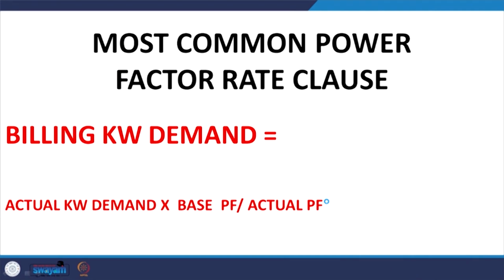So, most of the common power factors and the rate clauses are very important for power quality improvement from the consumer's point of view, because if you are working in an industry, you want to cut your electricity bills, and for this reason we need to place the capacitor rightly.